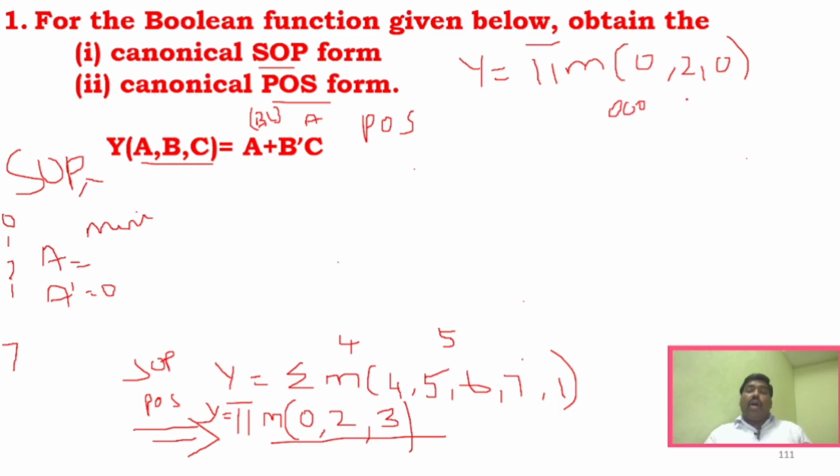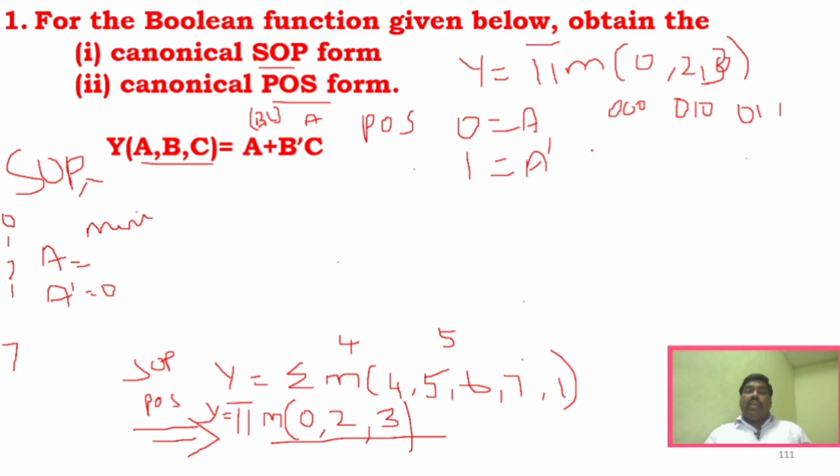And how will I represent 2? I will represent it as 0, 1, 0. And what is 3? It's 0, 1, 1. Now you know the formula for max term, that is product of sum. According to max term, if it is 0, then it is the whole variable, and if it is 1, it is in complement form.